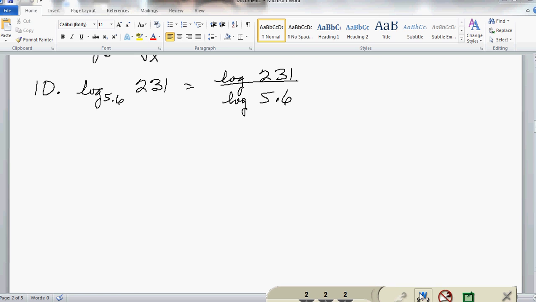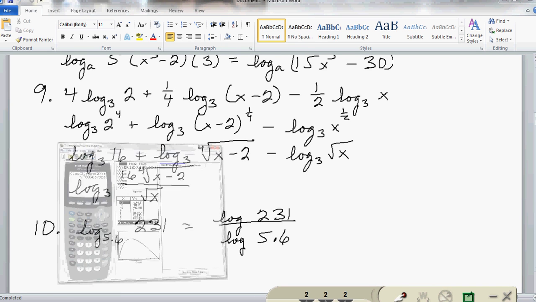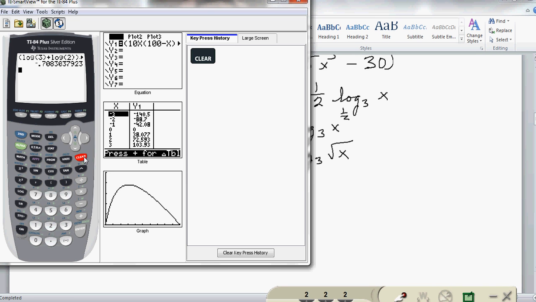So I can go to my calculator, clear out anything that I've done, and let's see, I want the logarithm of 231, close that out, and then I'm going to divide by the logarithm, or the log, of 5.6.